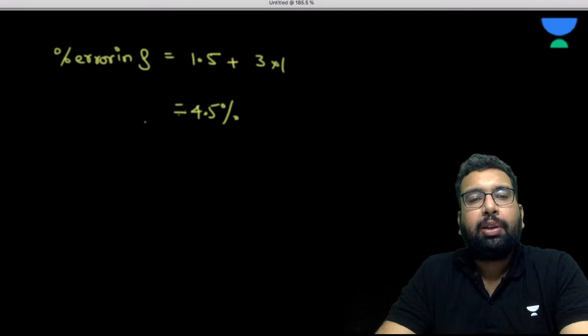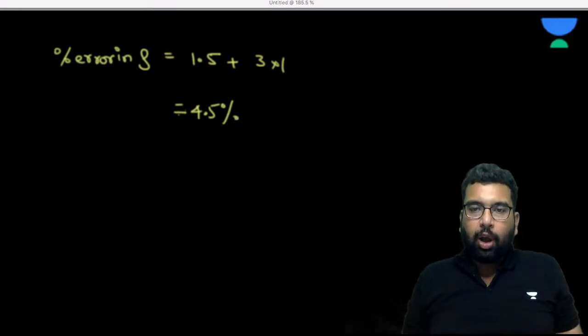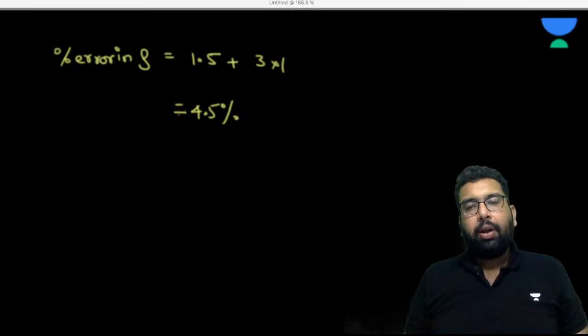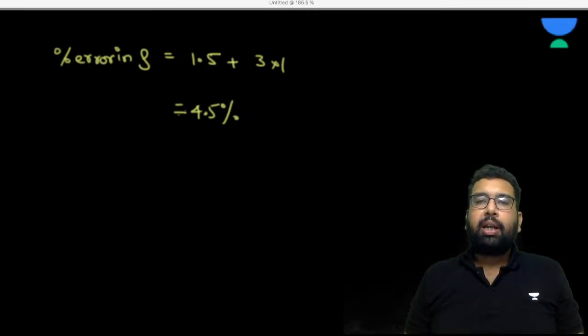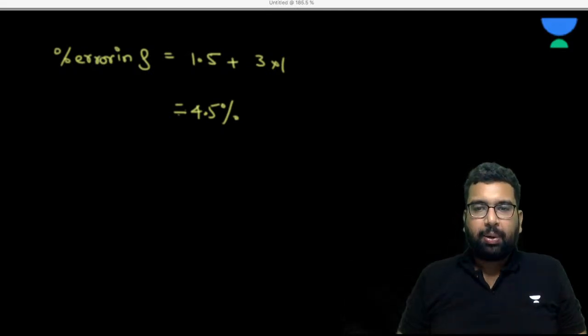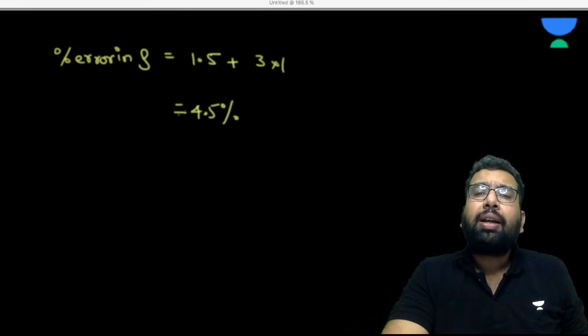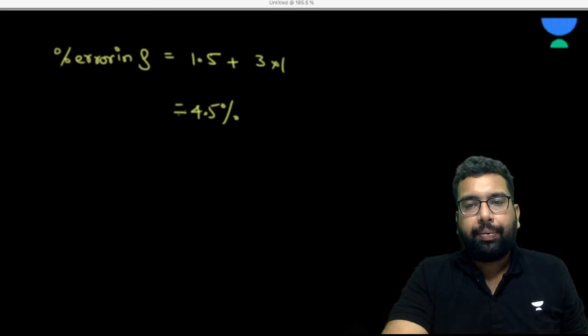So how we are applying this concept of finding the error in the measurement of some quantity, I hope that is clear to you guys. Now what if it had been a cuboid, meaning L, B, and D are different? What would you have done?